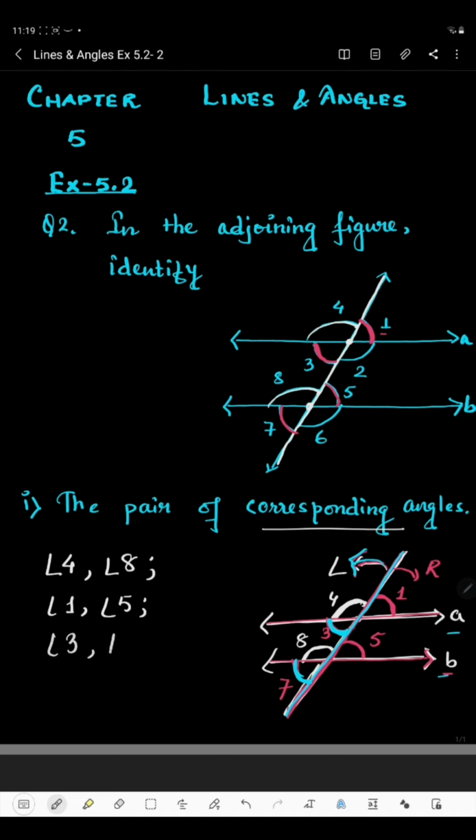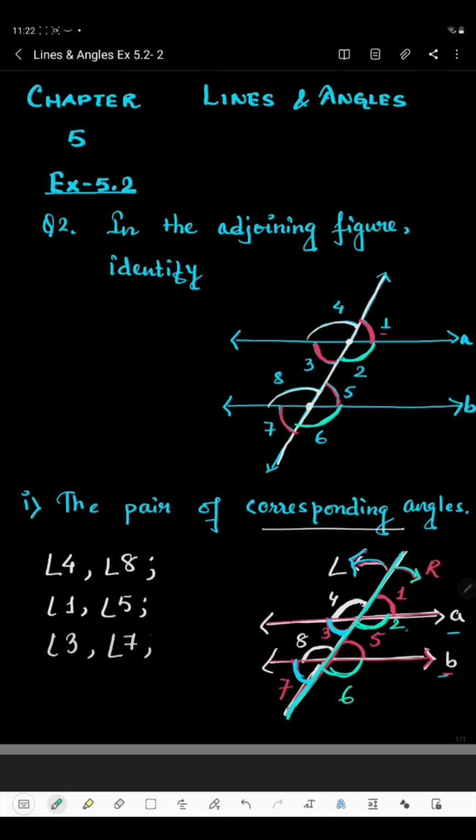Then this is the transversal and we will take the angles on the right hand side of the lower part of the parallel lines. According to the figure, this is angle 2 and this is angle 6.